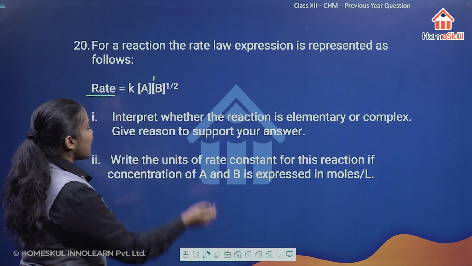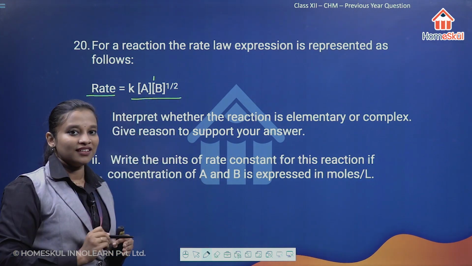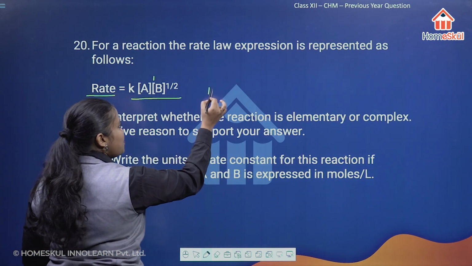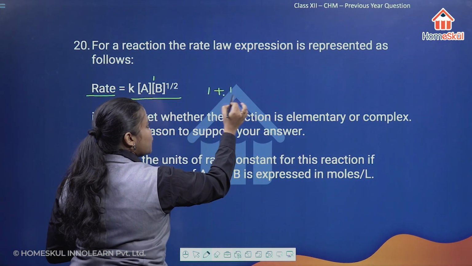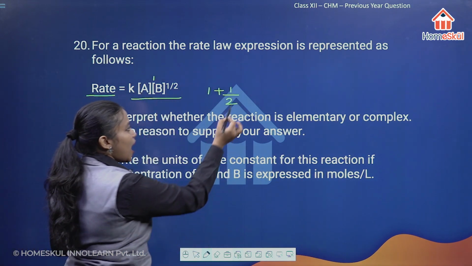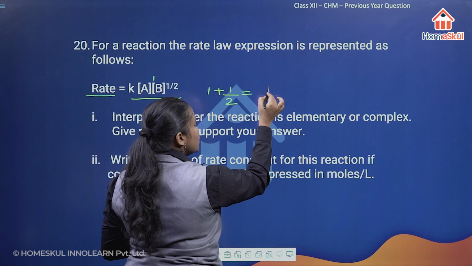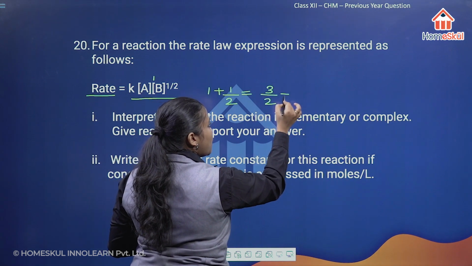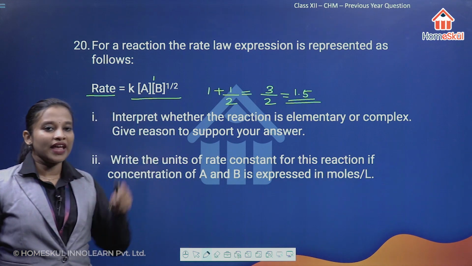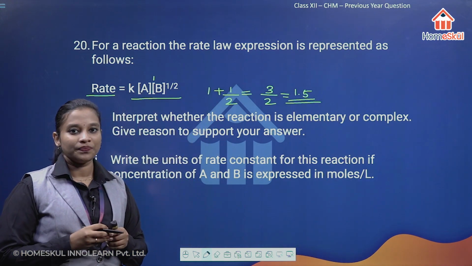Order can be calculated from this expression. We know how we calculate order. Yes, it is the sum of the powers of concentration terms. Here, 1 plus half, which is equal to 3 by 2, that is 1.5. Okay, we got the order of this reaction, that is 1.5.